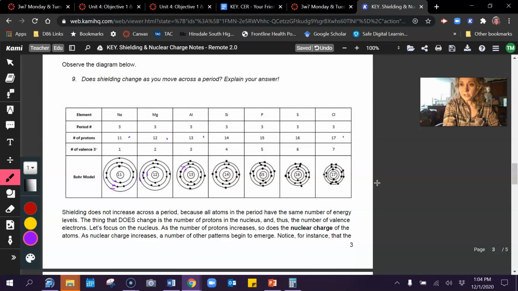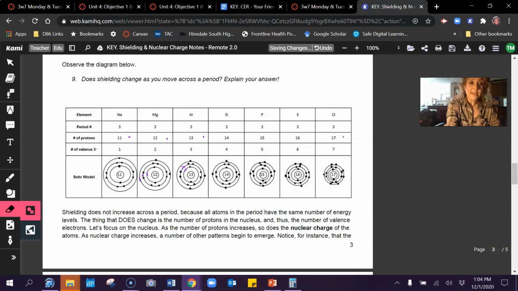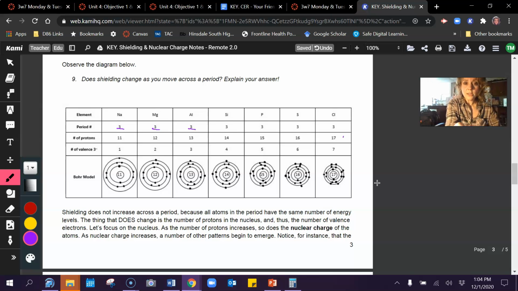Let's look all the way over to the right-hand side on chlorine. Chlorine also has only 3 energy levels around it, and that should make sense to you, because if we take a look at our table here, the period number for all of these elements is the same. They're all in period 3, which means that they're all in the same period. And remember that the period number tells you how many energy levels are found around a nucleus.